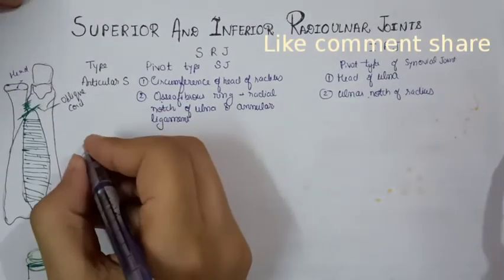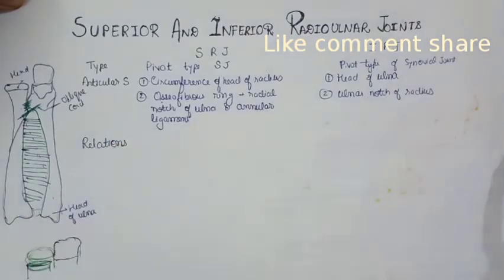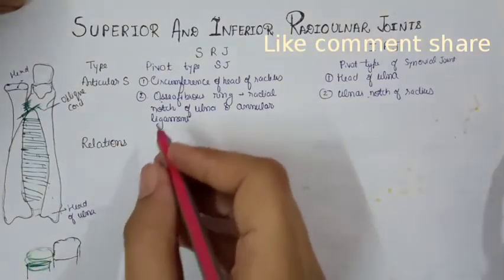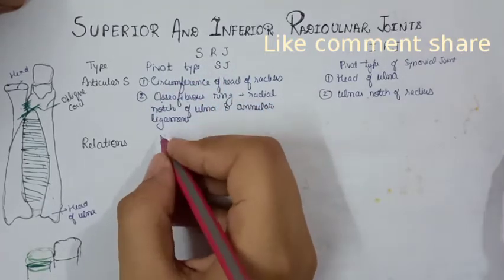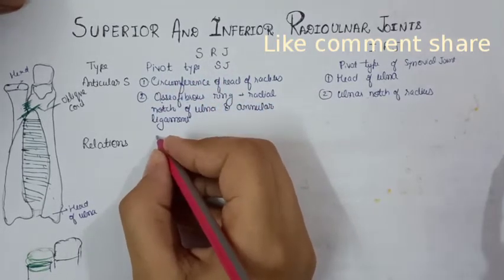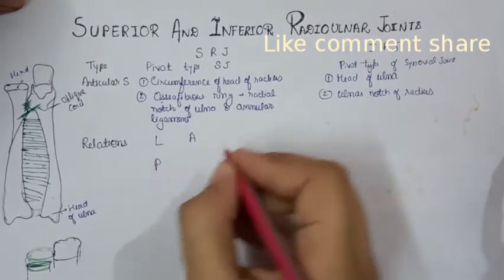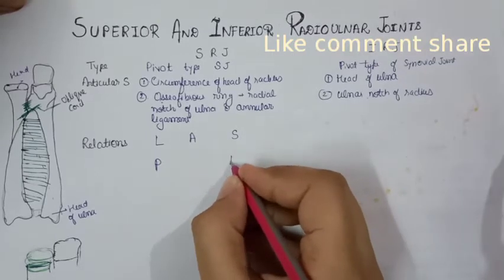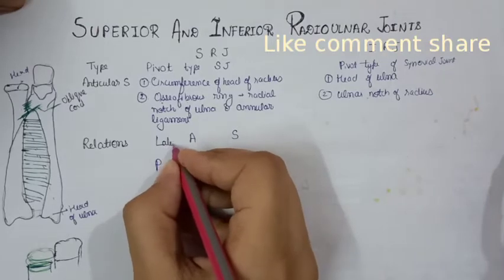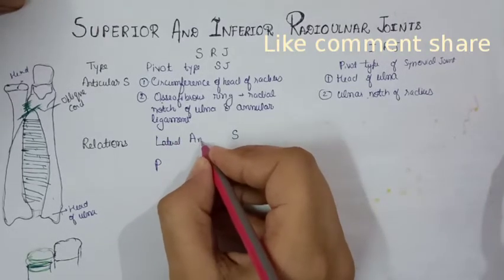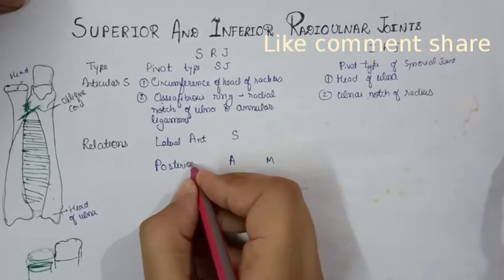Now let's see the relations of both the joints. What are the anterior and posterior relations of both the joints? The relations of the superior radioulnar joint are very simple. Just note what I am writing: LAP, SAM. LAP means lateral and anterior relations, and P stands for posterior relation.